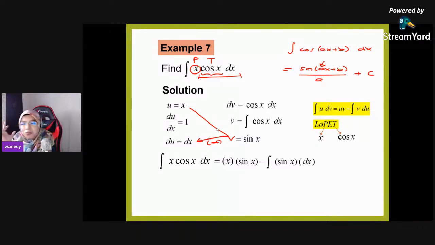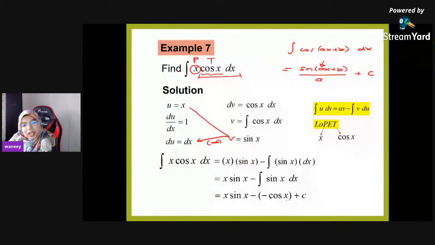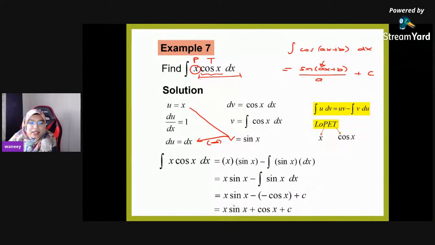So now it will be something that is very easy, right? So we only need to integrate sine of x dx. Integrating sine, it will become negative cos. So what you have is x sine x minus negative cos x plus c. So simplify them a little bit. So what you have is x sine x plus cos x plus c.